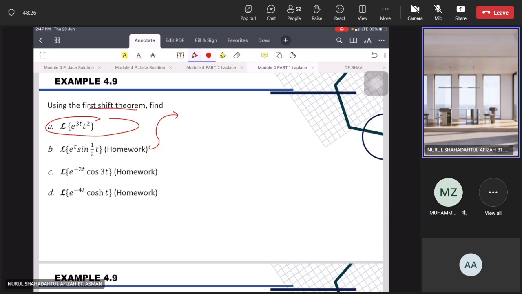So for this question B, we need to find the Laplace of e^t sine (1/2)t.